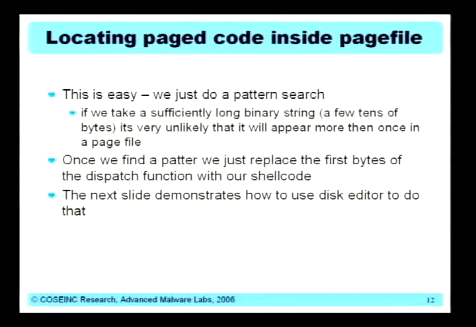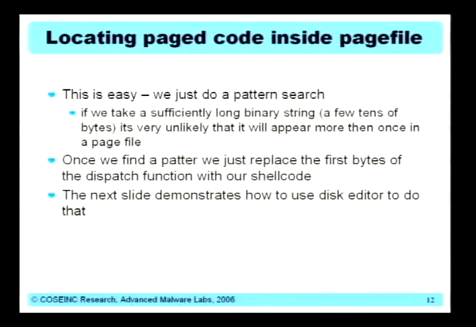Now, how do we find the interesting code in the page file? This is easy because we can just do a pattern search. What we would like to do is override the first few dozen bytes of the original function of the driver with our shellcode, right? So we can just find the beginning of this function by pattern searching.